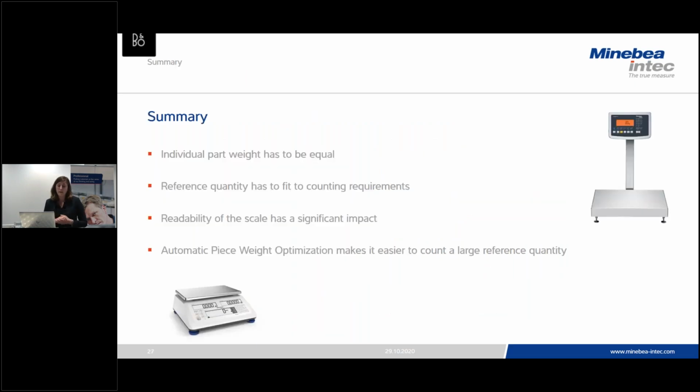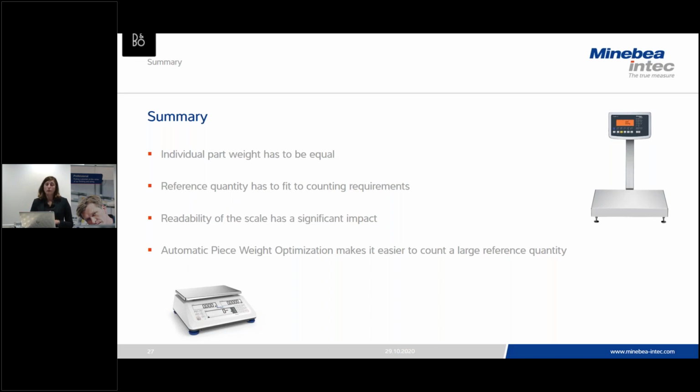I want to give a short summary of what you have to keep in mind. These are basically 4 points. The first one is that the individual part weight has to be equal. This is very, very important. Another point is that you have to fit the reference quantity to your other counting requirements.